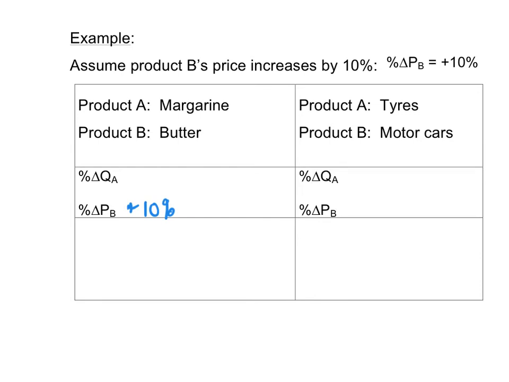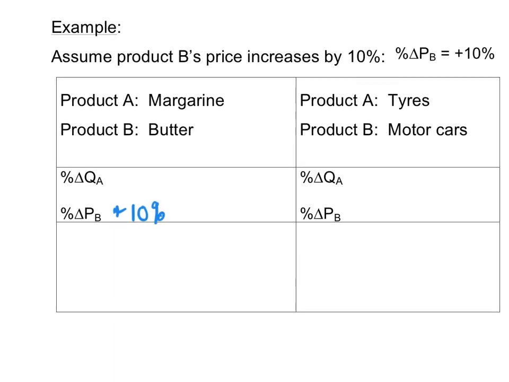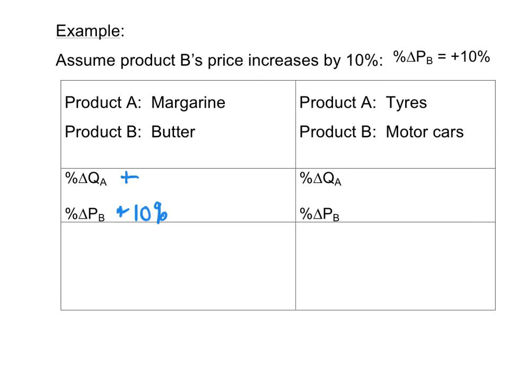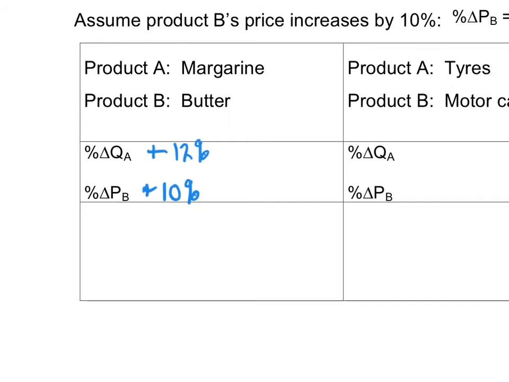So in response to the 10% increase in the price of butter, we might find that there's an increase in the demand for margarine of, let's say, 12%. So calculating the cross-elasticity coefficient, we would have the following.